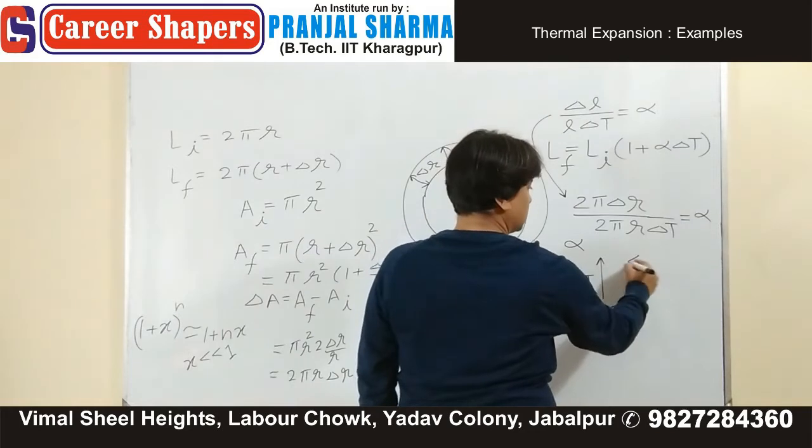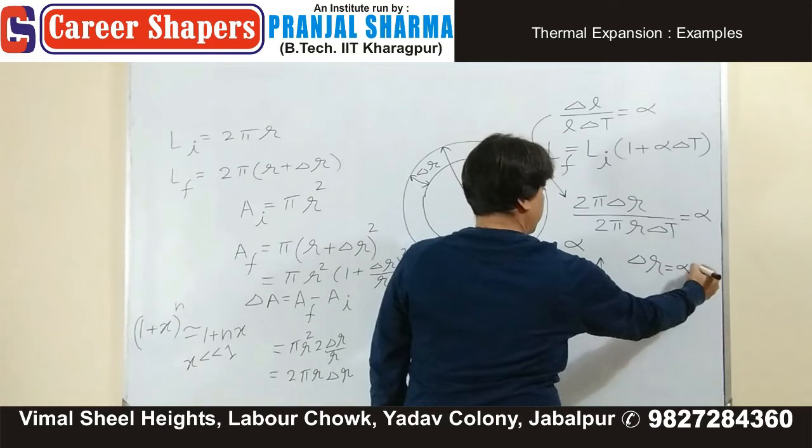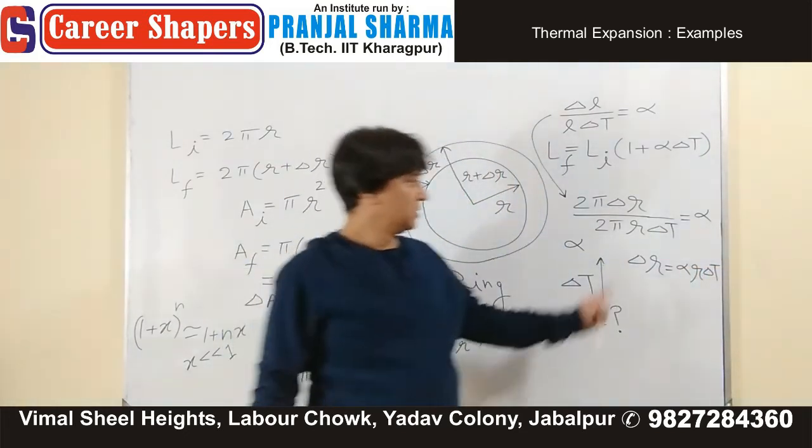This gives us delta r as alpha into r multiplied by delta T.